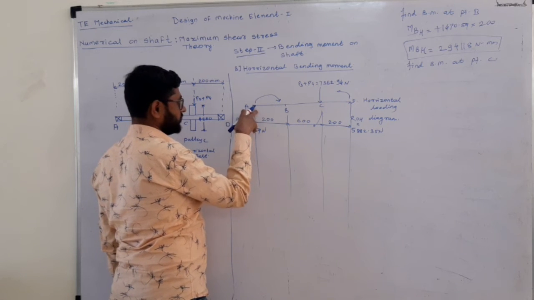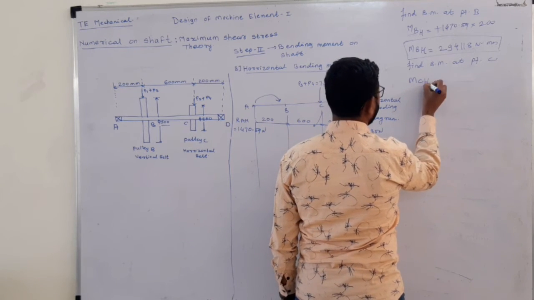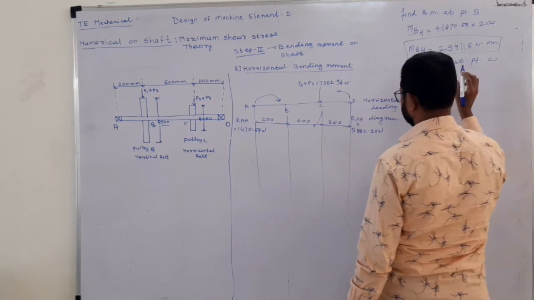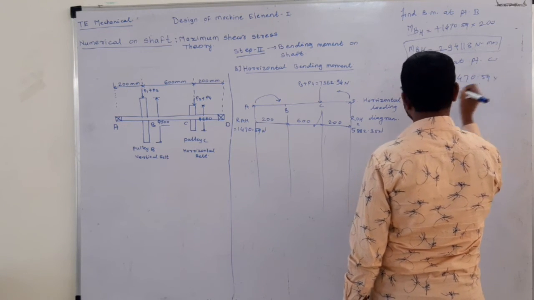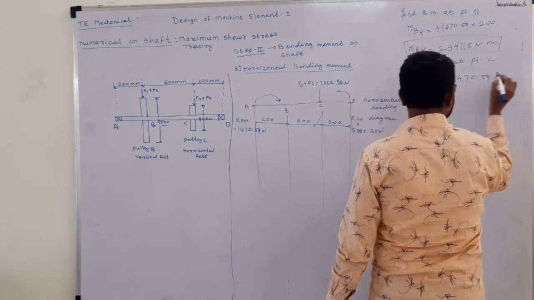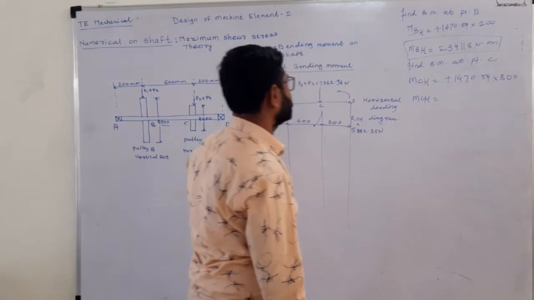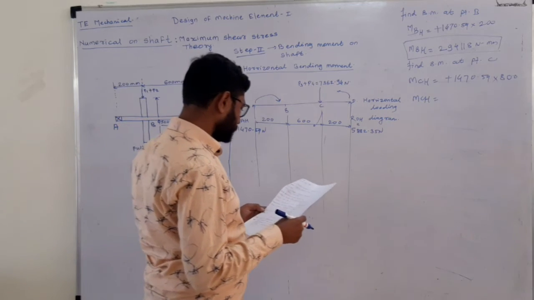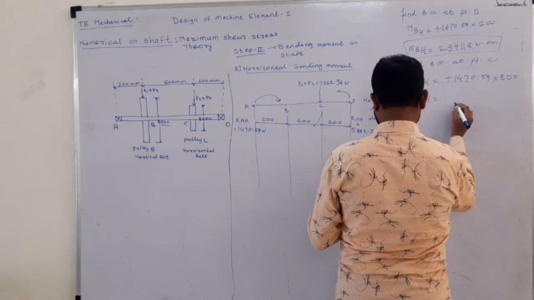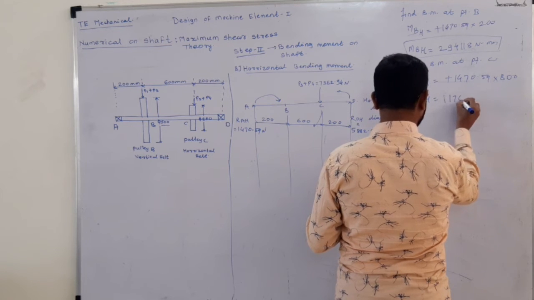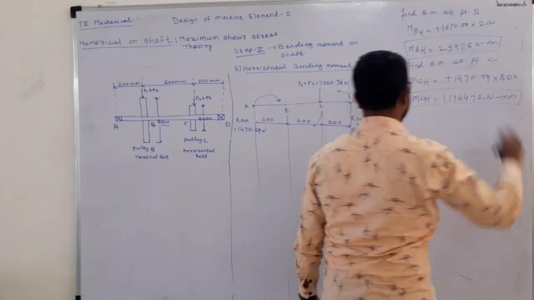So this force is acting clockwise, is positive, that is MCH is equal to plus 1470.59 into perpendicular distance 800, means bending moment at point C is 1176472 Newton mm.